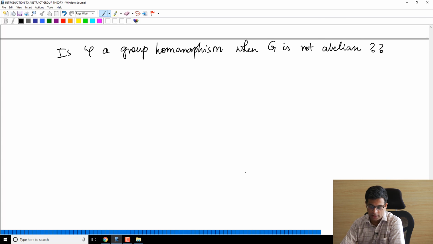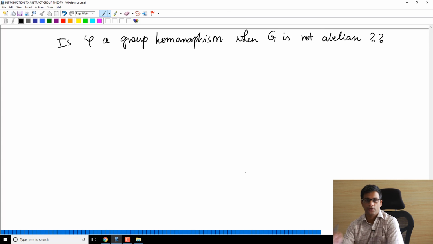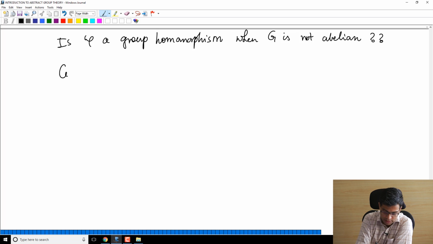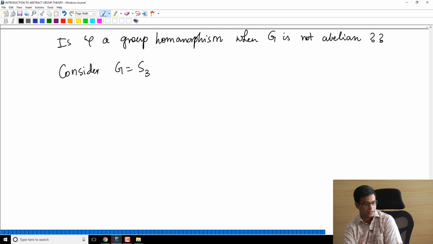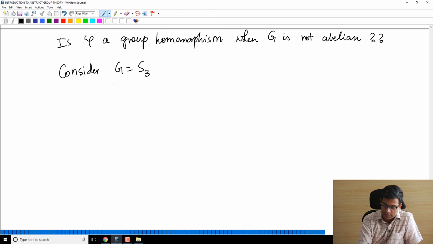So in order to understand this, think of the groups that you know that are not abelian. The simplest such group is S3. Remember that in an exercise in an earlier video we have shown that any group of order up to 5 is abelian, and hence S3, which has 6 elements, is the smallest non-abelian group.